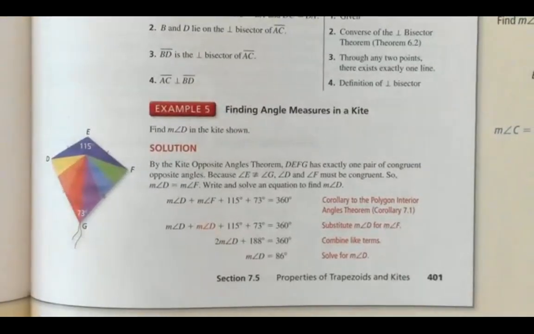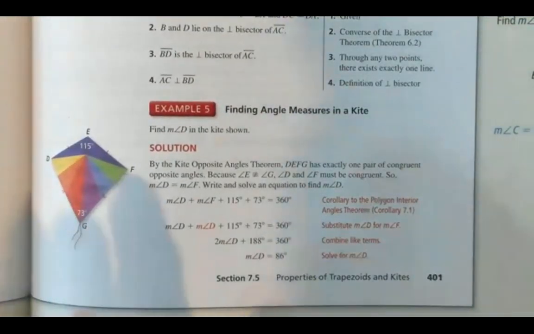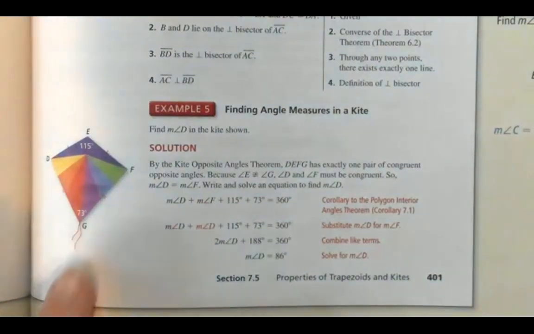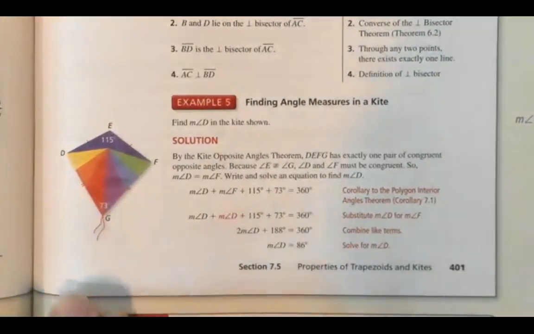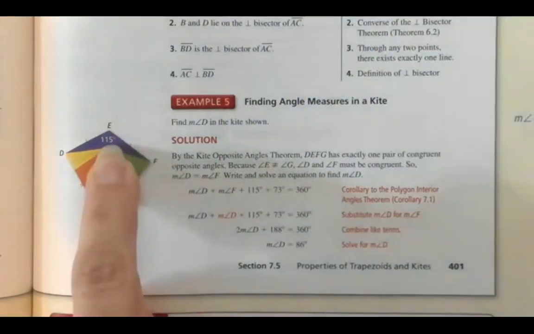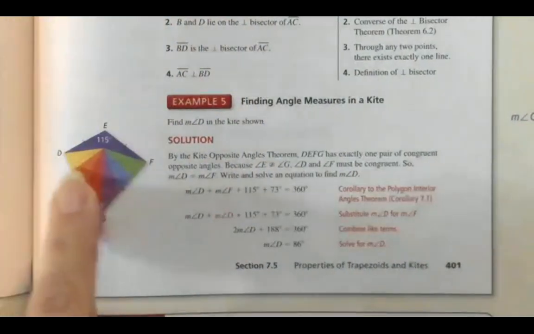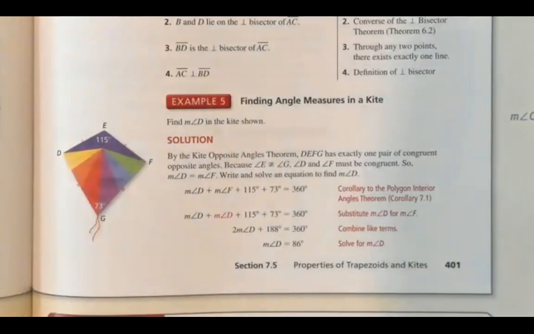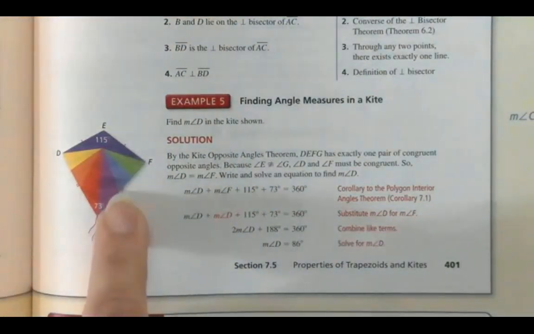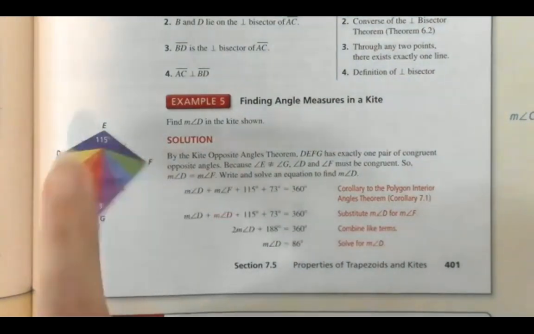Okay, so let's move down here. Too far. All right, so let's look at this one. Example 5, they show us a kite. Okay, we have 73 degrees here and 115 degrees here. How would we find the measure of D and F? So first of all, they told us it's a kite, and we see that we have these sides marked congruent.